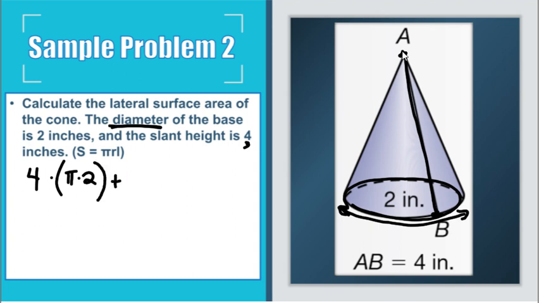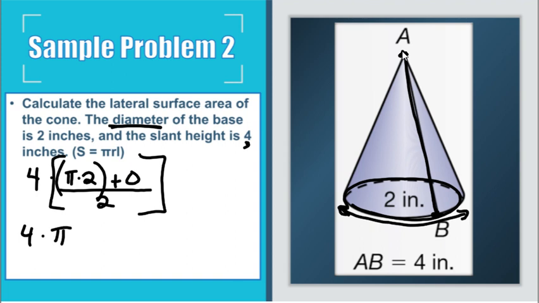And then here we need to find the average of point A. Point A just stays at 0. And then we'd have to divide that by 2 to find the average. So I have 4 on the outside times 2 pi plus 0 is 2 pi. Divided by 2 gives us pi. So I end up with 4 pi.